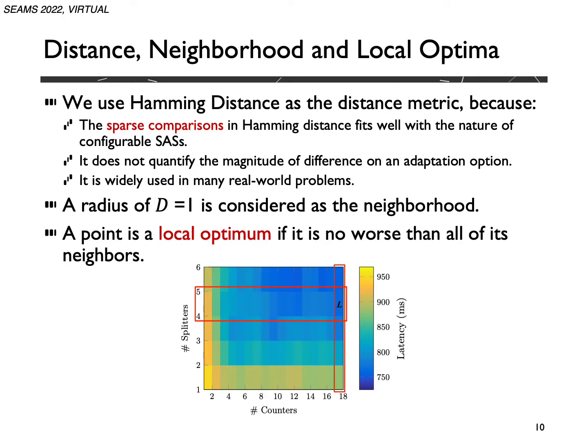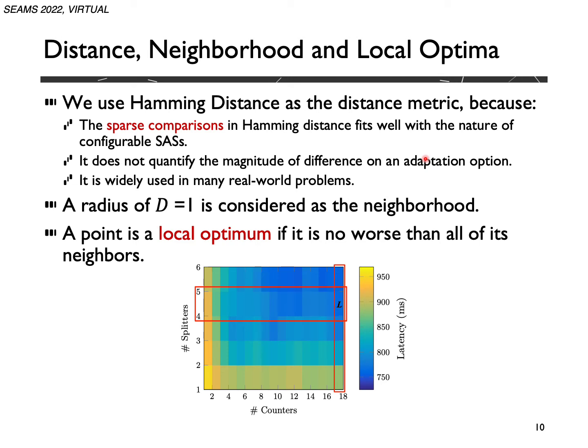For defining the neighbor, we also need a distance metric. In this work, we use Hamming distance for three reasons. Firstly, its sparse comparisons fit well with the nature of configurable SAS, and it doesn't quantify the magnitude of differences on the adaptation options.